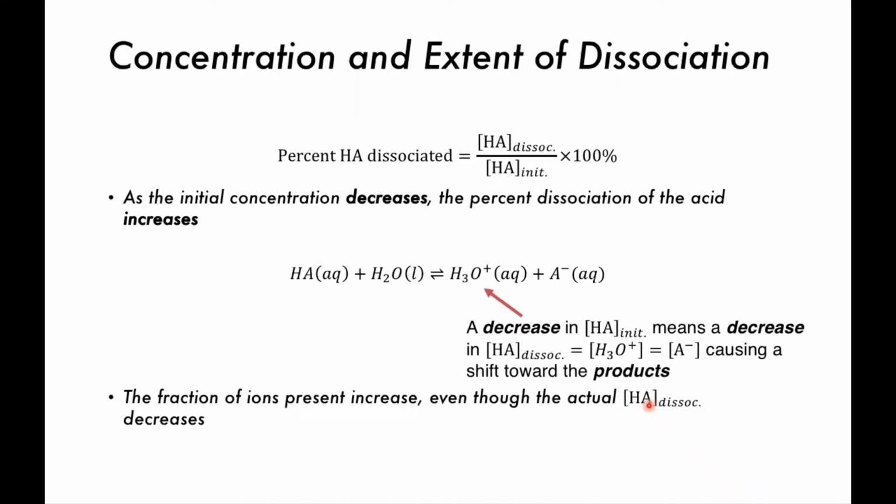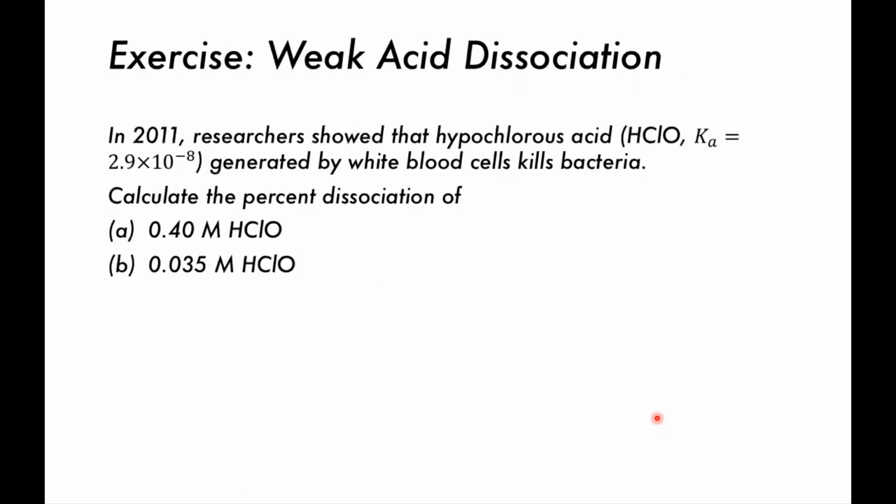And so the fraction of ions present increases even though the actual amount decreases. So what this means is that the more dilute a weak acid is, the more likely it is to dissociate. So the dissociated fraction of HA in a dilute solution is going to be higher than that in a more concentrated solution. And we'll see examples of that calculation as we go through.